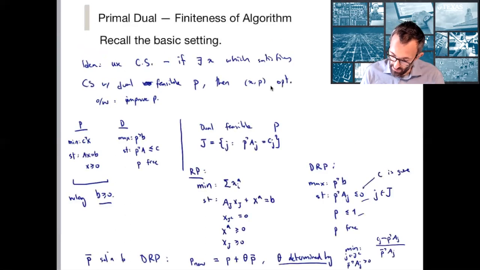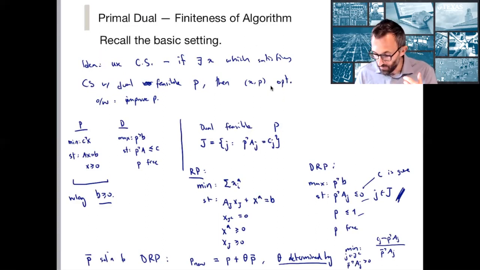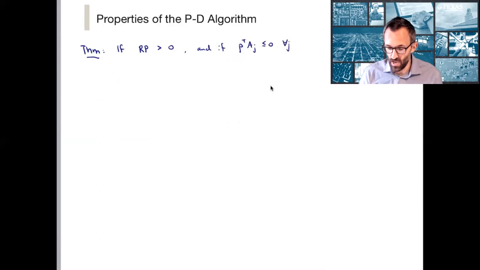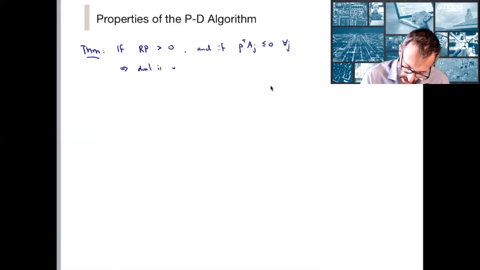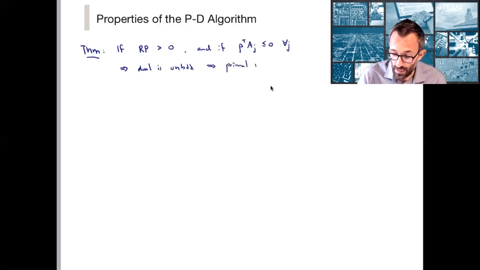Let's flip back to see. That's this constraint here. So what this theorem is saying, and the hypothesis is, if this inequality, P transpose AJ less than or equal to 0, holds for all J, then the dual is unbounded, which means that the primal is infeasible. Not just that we can't get complementary slackness, but it's infeasible.